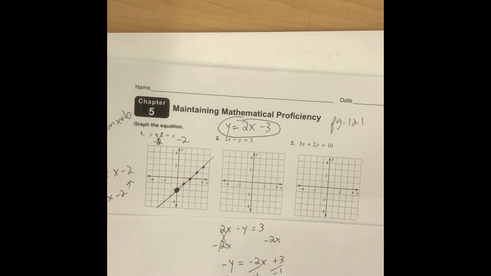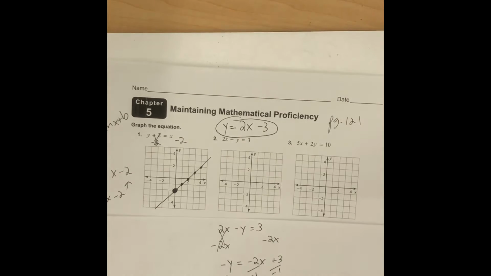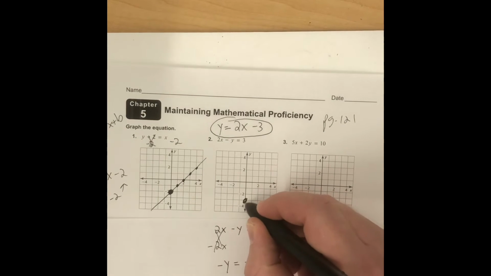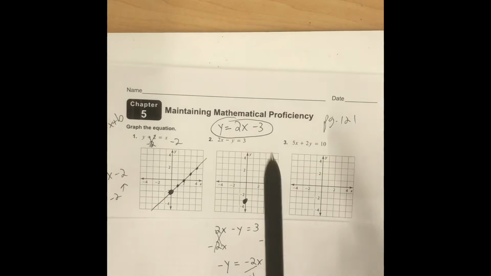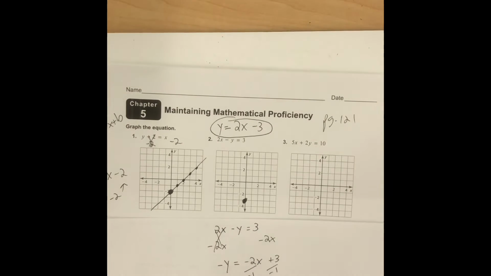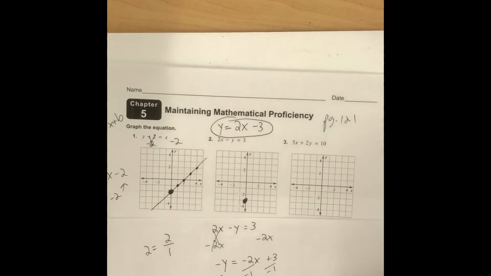Where does it start? It starts on my y-intercept, which is the b value. Now we have to be careful. My slope is 2. So since it's not a fraction, that means I'm going up 2 over 1. Because remember, guys, from last semester, if we have 2, that's the same exact thing as 2 over 1.